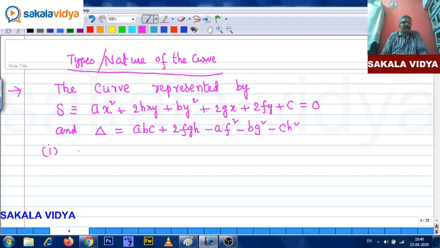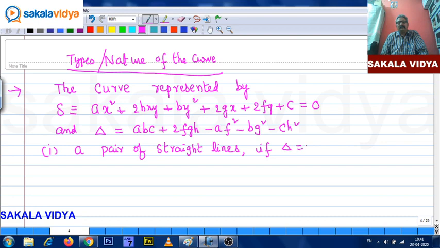So, first a pair of straight lines. Pair of straight lines means if delta must be equal to 0 and h square must be greater than AB, then it represents a pair of straight lines.